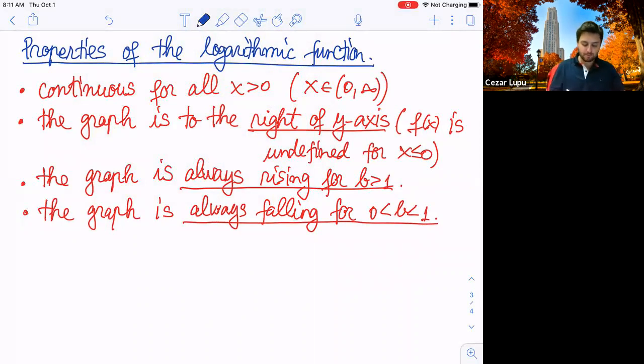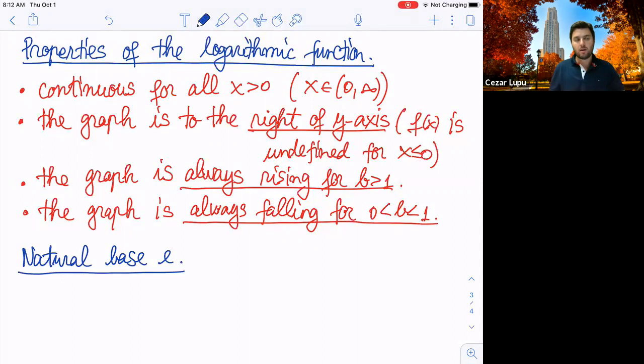And now let's look at natural base e. Let's see what happens there. We want to see what happens when we have this logarithm in base e. In other words, this means that b will be this number e. It's a little bit much more to explain what's up with this number, but it appears naturally, it appears always when you want to compute the interest on your bank account and so on.